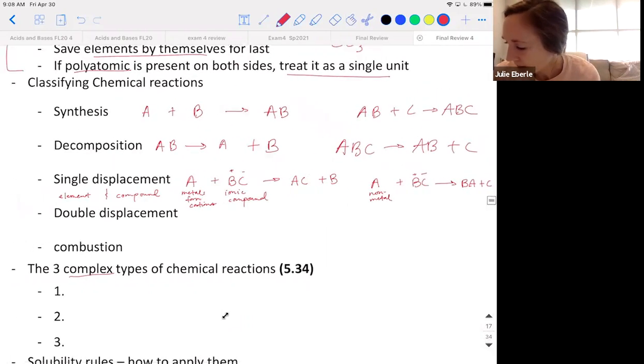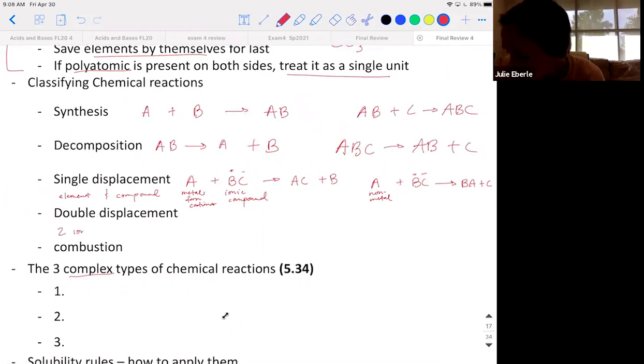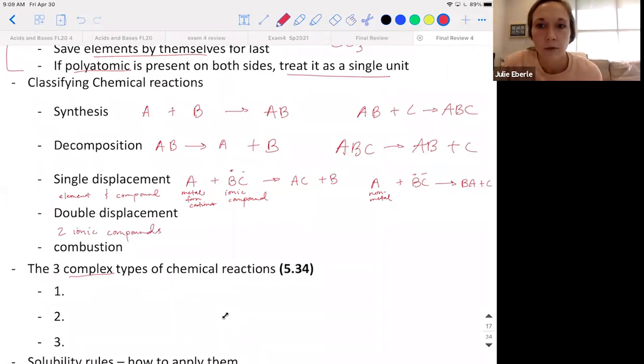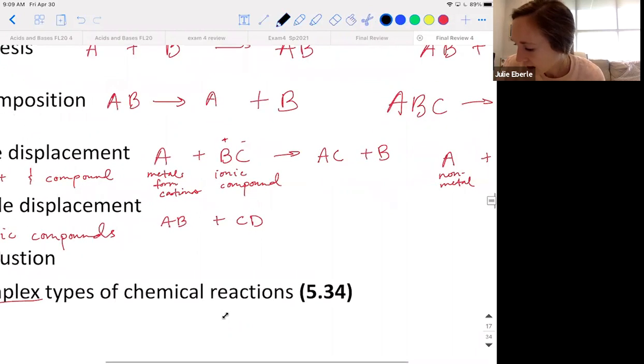Double displacement is when you have 2 ionic compounds. Both are compounds. So, for example, you got AB and you got CD. And if we write in the charges, we got cation, anion, cation, anion.